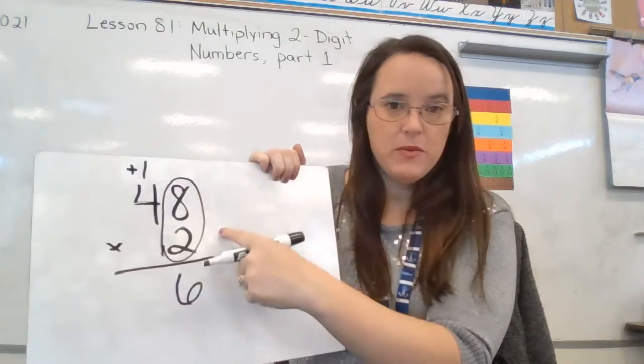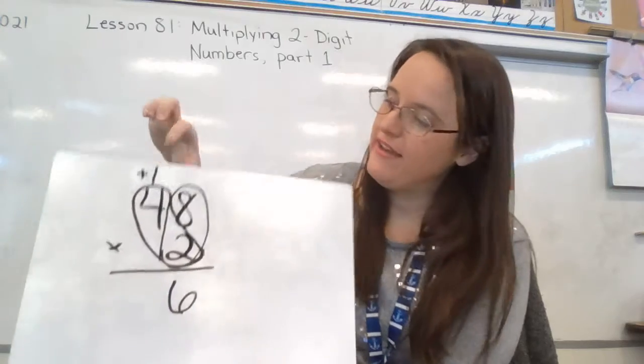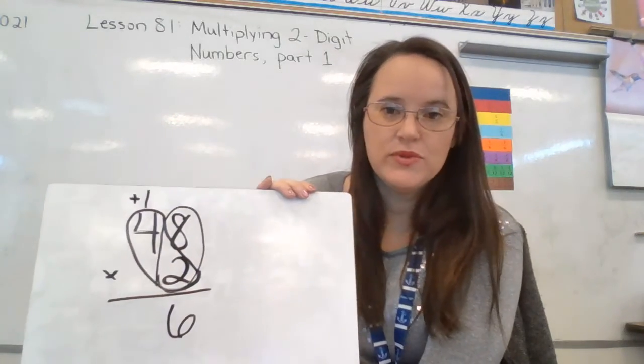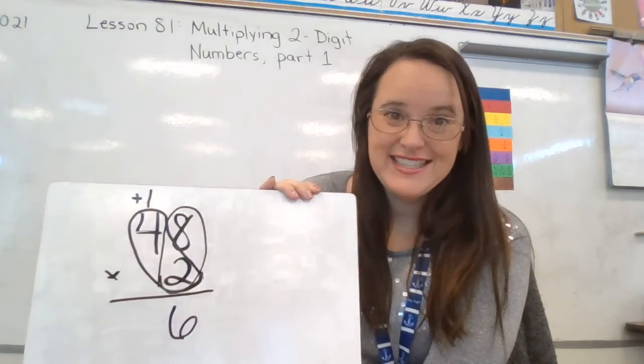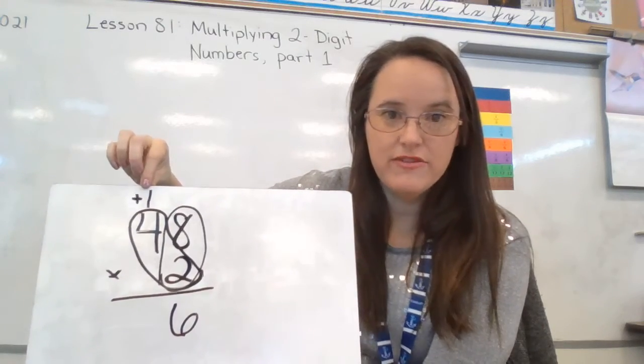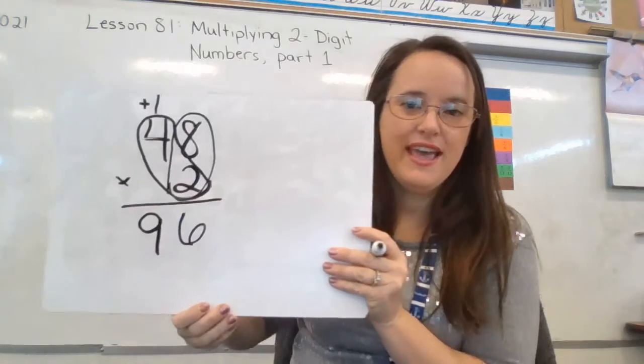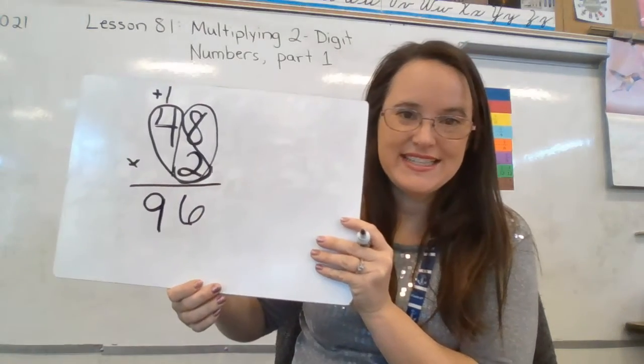So I've multiplied my 1s. Now I'm going to multiply my 10s. So I have 4 10s times 2. That gives me 8 10s. Plus I have that 1 10 that I carried over here. So that gives me 9 10s. And my answer is 96.